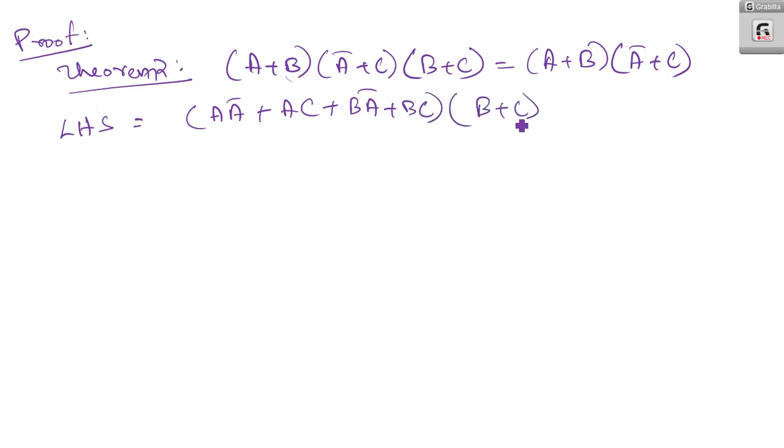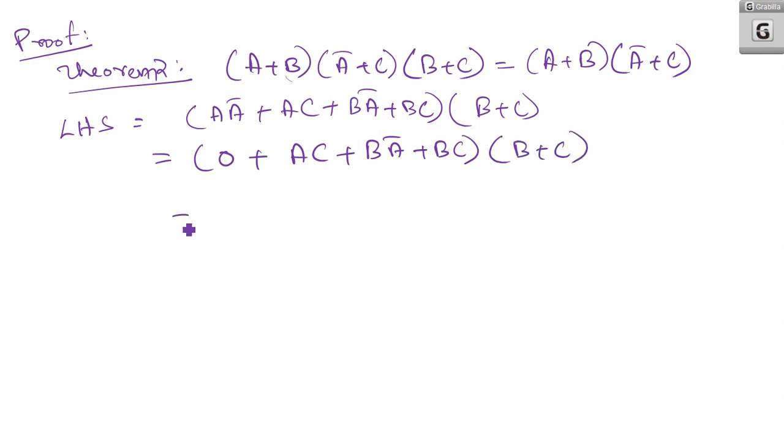So I have expanded the first two terms. A and A bar is 0. So it is 0, or AC, or A bar B, or BC, and B or C. Anything ORed with 0 is itself.